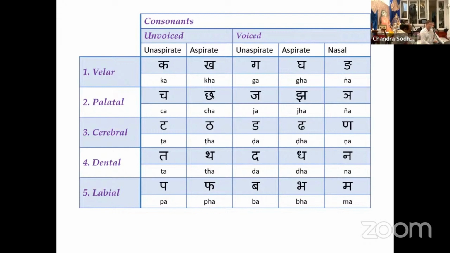It is cha, chha, ja, jha, nya. Once again. Yeah, this jha, we need to actually mention this mahaprana, you know? Because in some words, if you don't pronounce this mahaprana, it can really change the meaning, right?